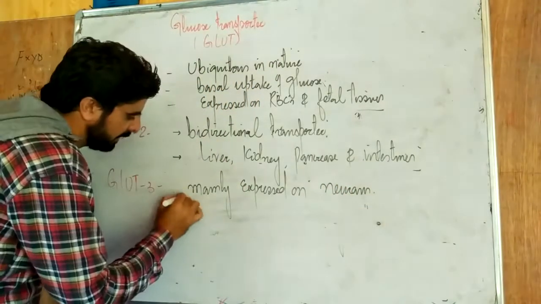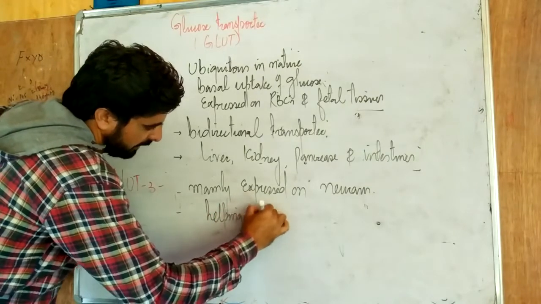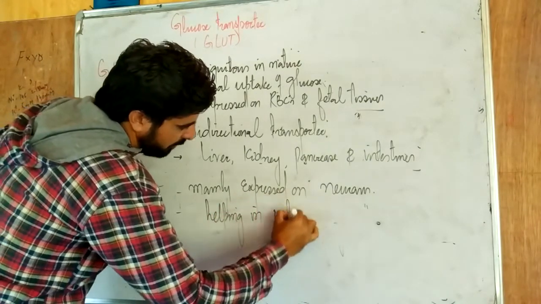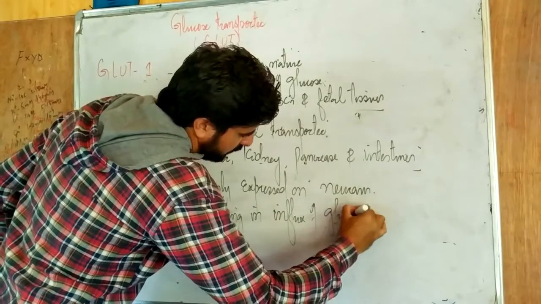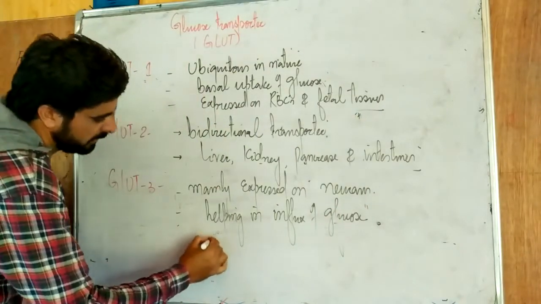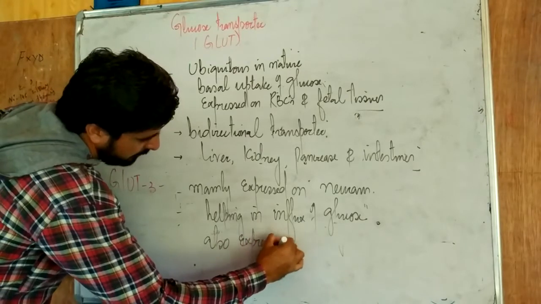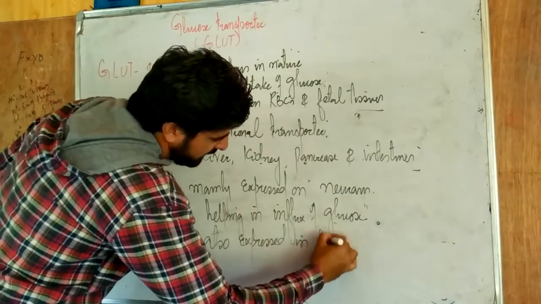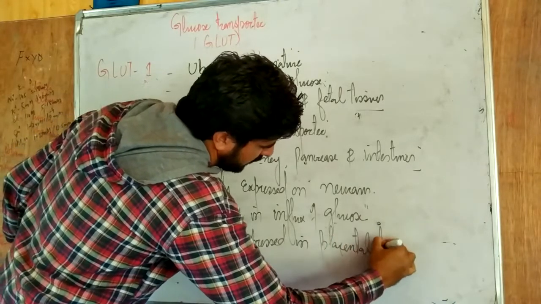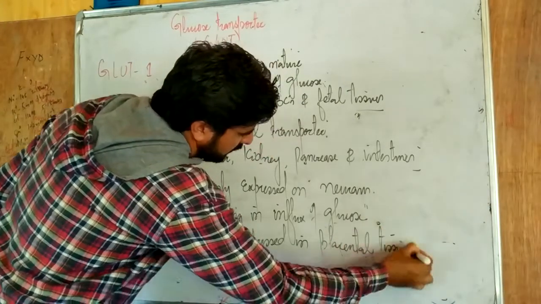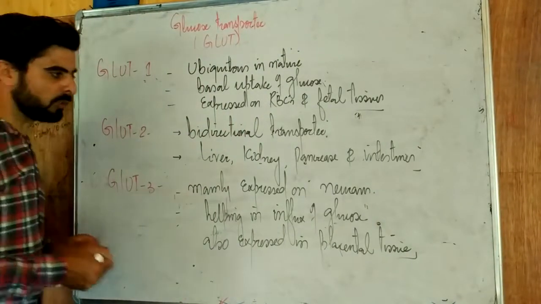It is helping in influx of glucose. It is also expressed on placental tissue. So the placental cells also bear GLUT 3, but it is mainly expressed on neurons.